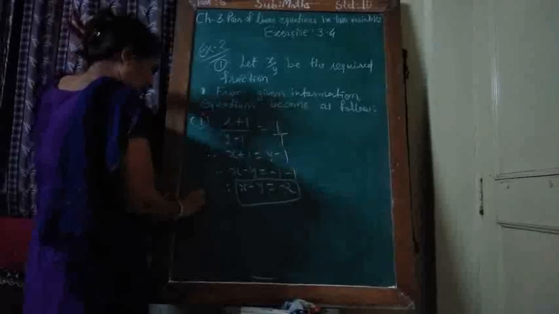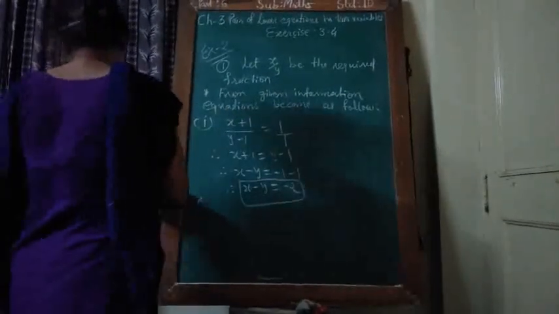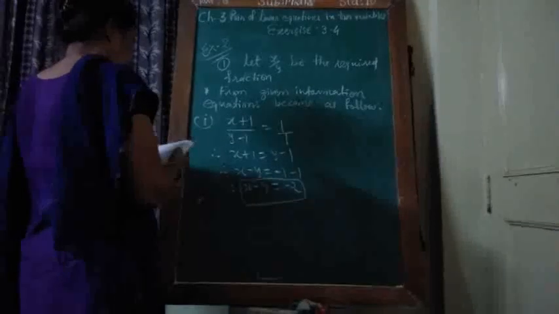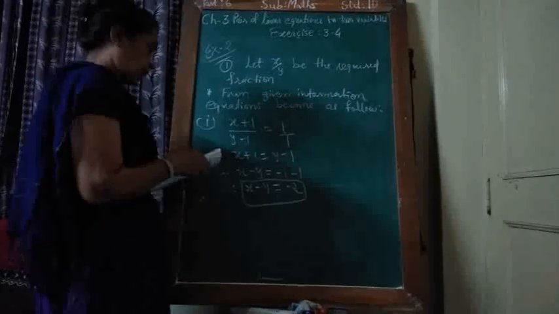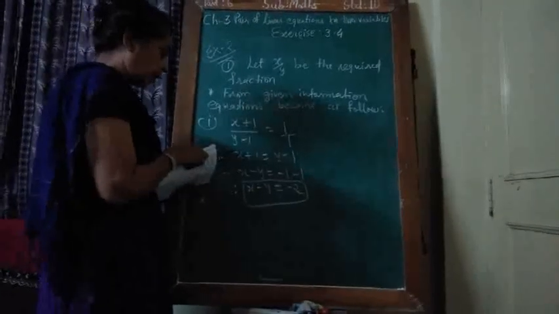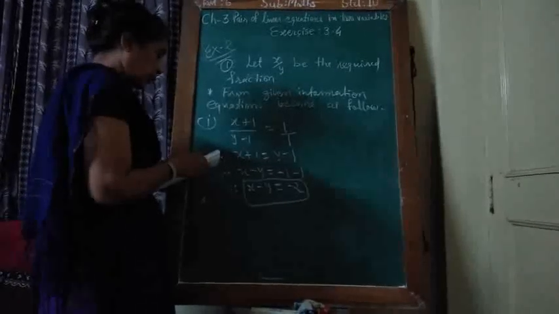And the second equation: they say it becomes 1 upon 2 if we only add 1 to the denominator.